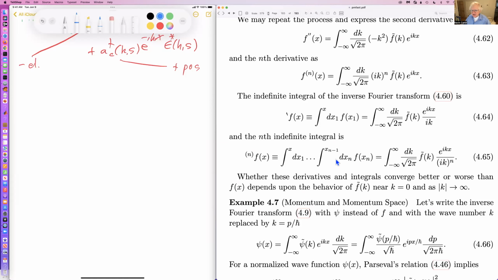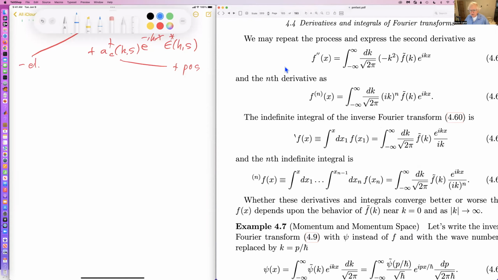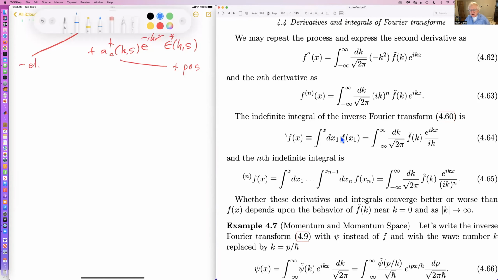You just integrate once, and that corresponds to dividing by ik. So differentiating, you multiply by ik. Integrating, you divide by ik. Integrating n times, you divide by ik to the n.